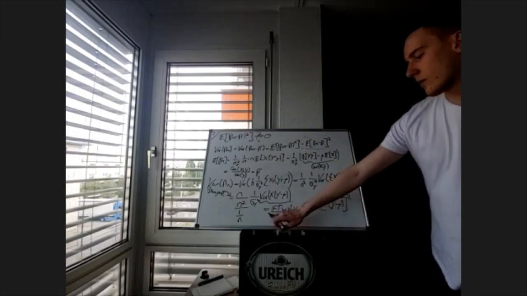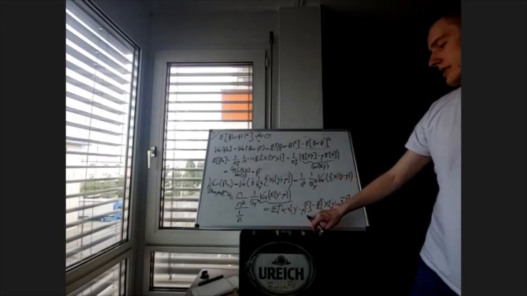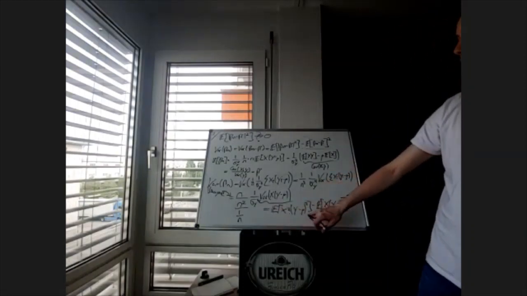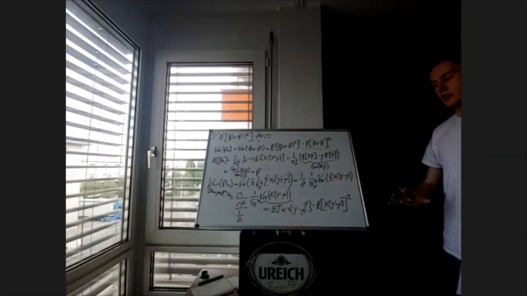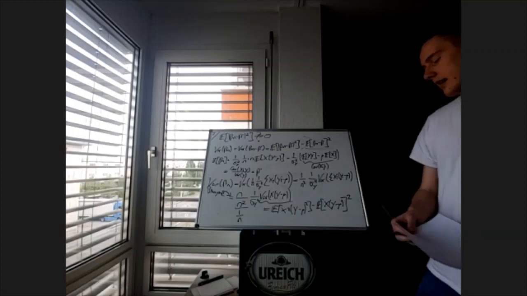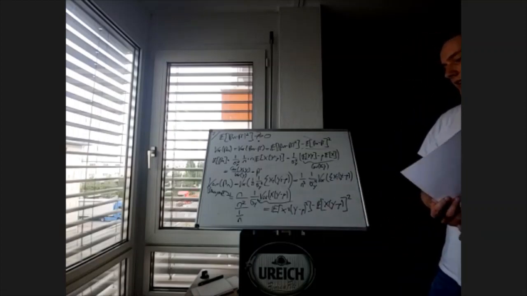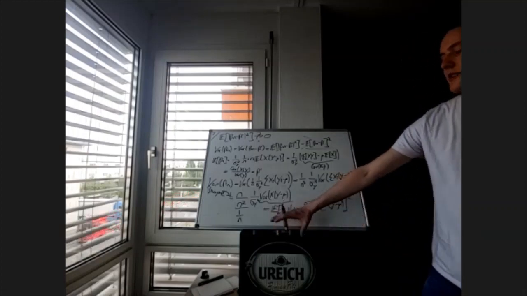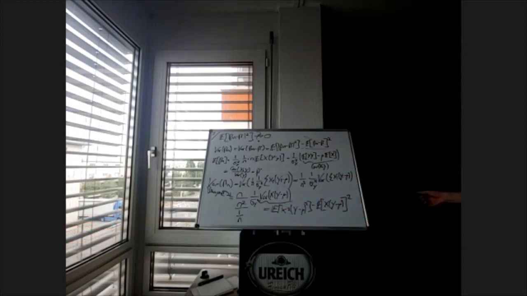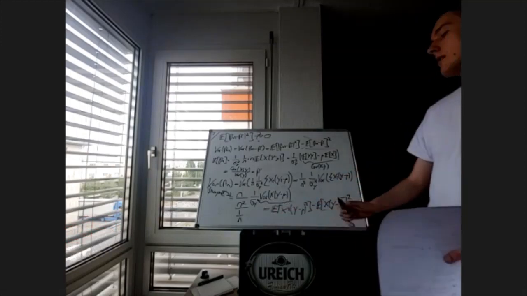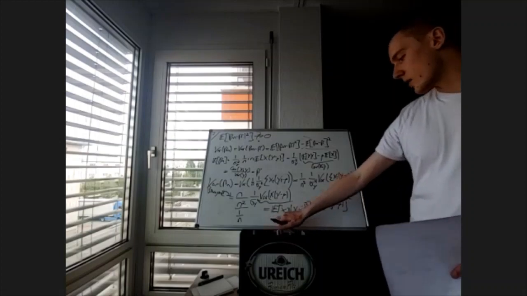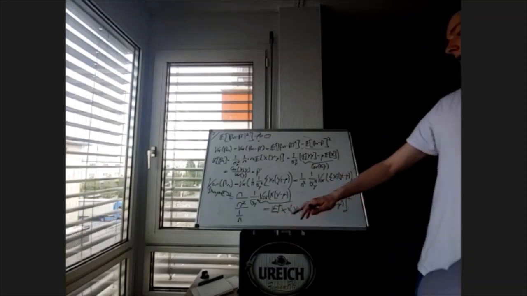So for this part, we actually need every assumption. The fourth moment being finite, it doesn't work with only the second moment, for example, or something like this. So this is finite. This is finite.